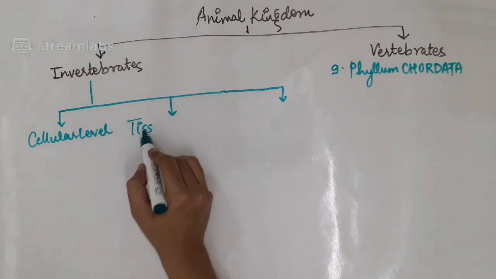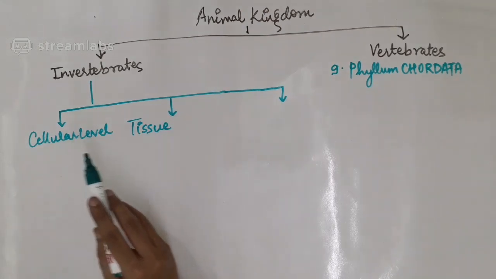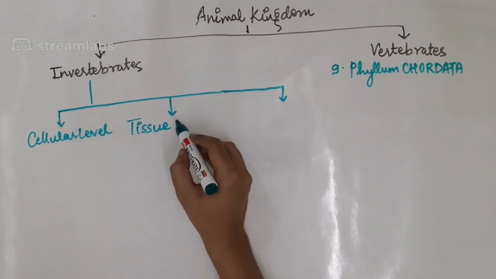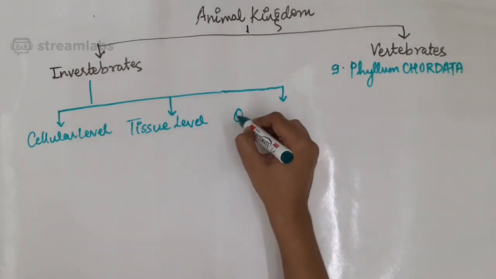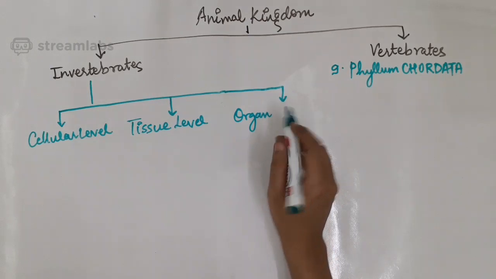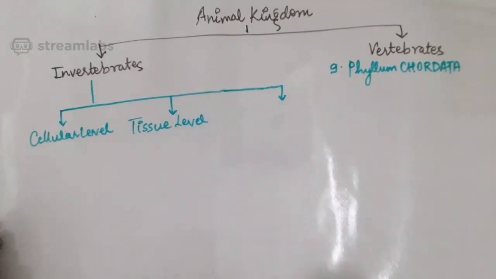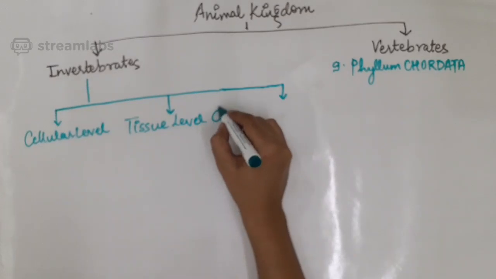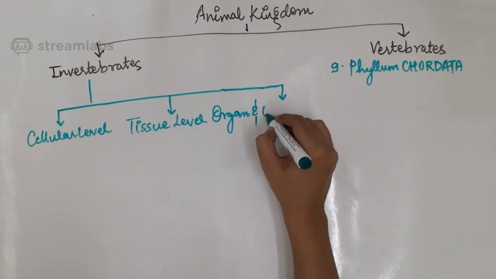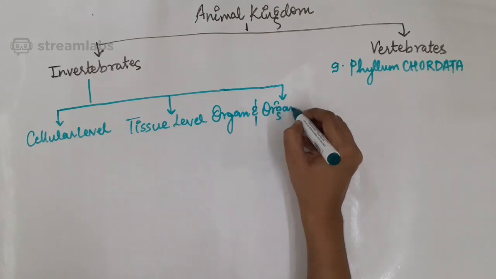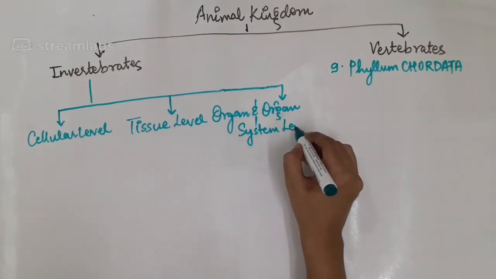As you all know, this is the body organization, cell, then groups of cells forming the tissue level, and third one is organ and organ system level. So you can write it like this: organ and organ system level.